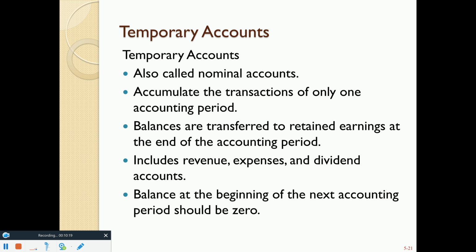We make the red account balances 0. All of those account balances are transferred into the retained earnings account, and the red accounts will start the next period with fresh zeros. So we're going to capture revenues, expenses, and dividends for the year. Once we close them or zero them out and transfer their balances into the retained earnings account, we start the next period with 0 revenue, 0 expenses, and 0 dividends.